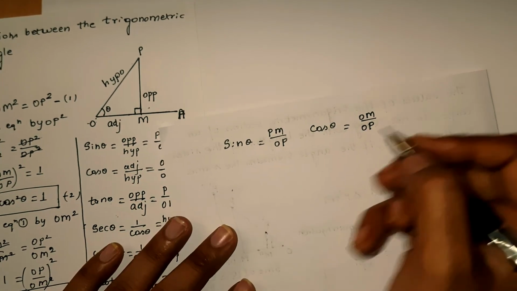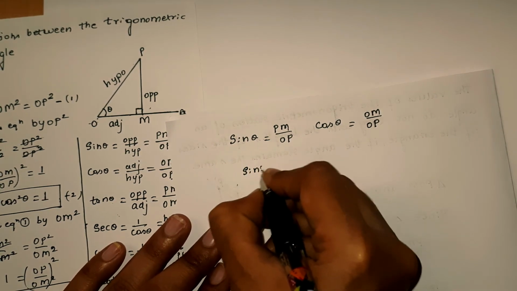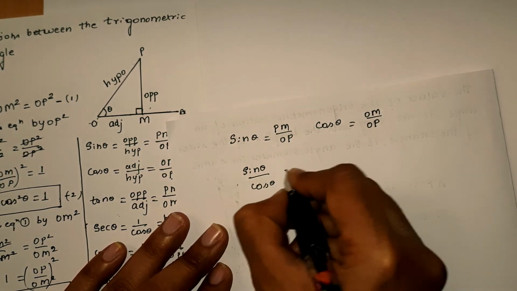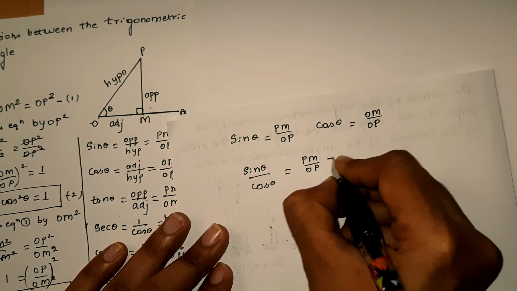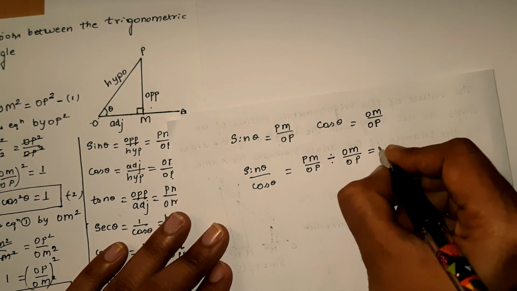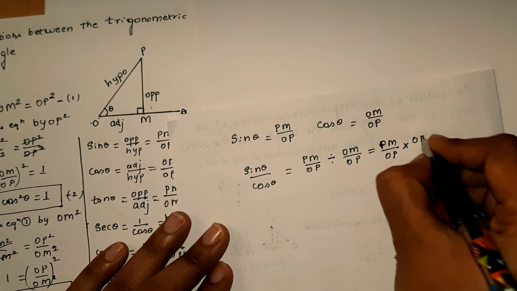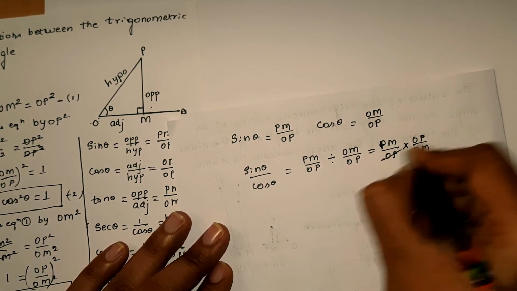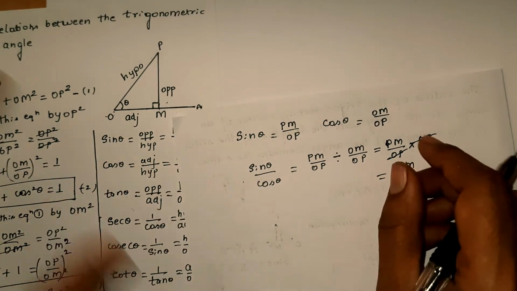In the same way, if we divide these two, sin theta by cos theta means PM by OP divided by OM by OP, which is given by PM by OP multiplied by OP by OM. OP gets cancelled, PM by OM.